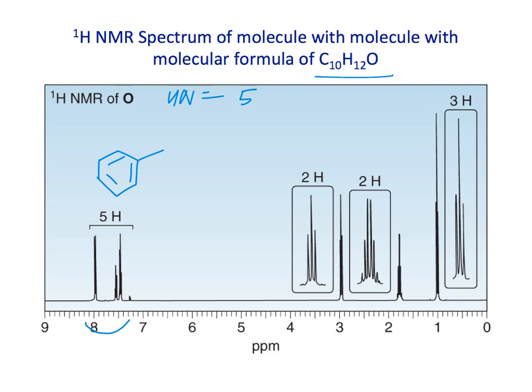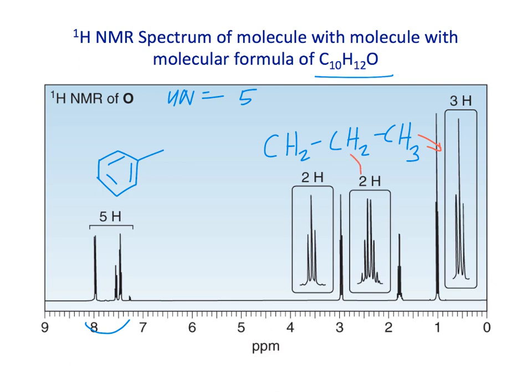Right, so what would that give us? Just a propyl group, right? CH2, CH2, CH3. We know that the methyl group is here because it's worth 3 protons.